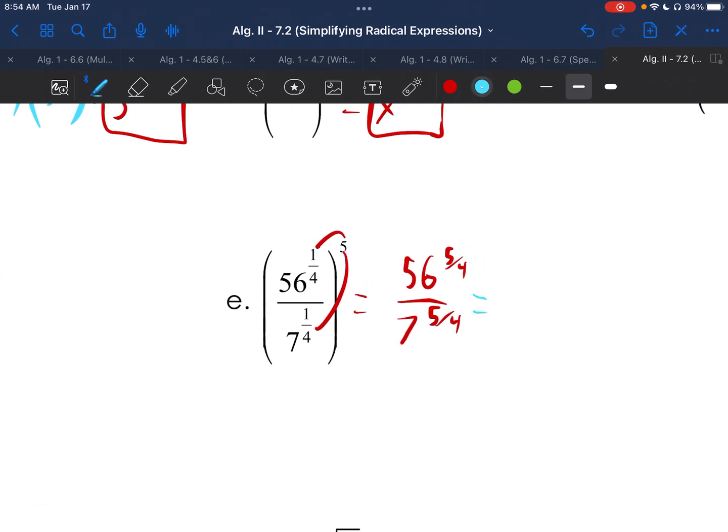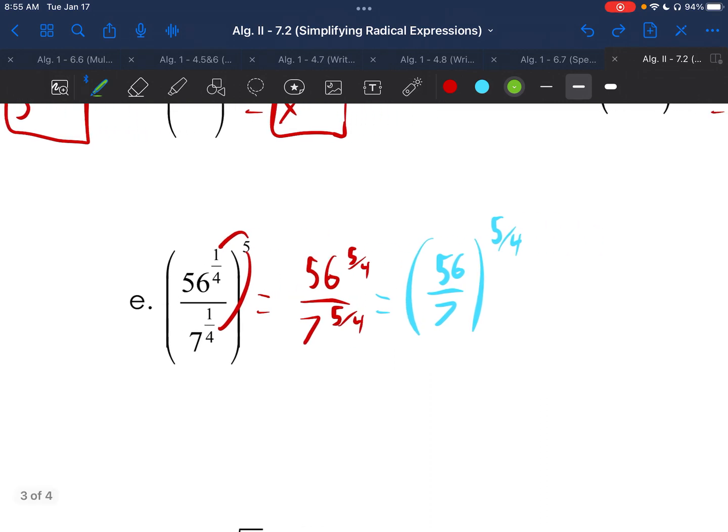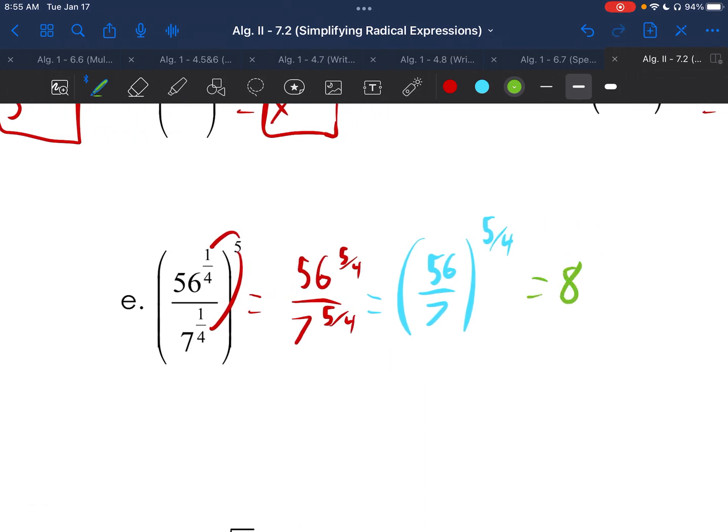But since they're both to the same power, we can say it's really like 56 over 7 and pretend that 5/4 hasn't been distributed yet. Because we would have to multiply it back and you'd get exactly what you started with. Now, the reason this is helpful is that we can simplify 56 and 7 by dividing and get 8, which would then be to that 5/4 power.